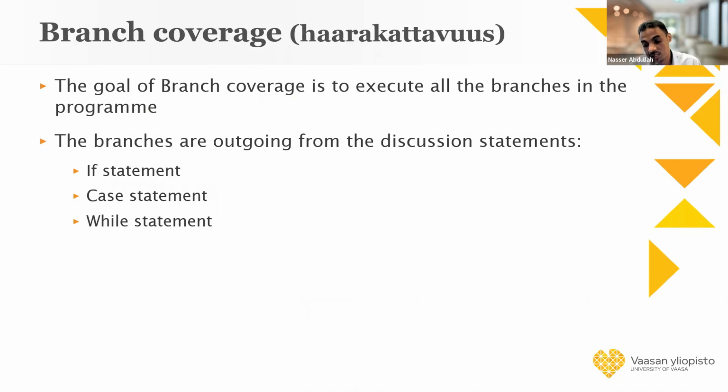As we see, branch coverage should execute all the branches. When we talk about branch coverage, we try to find the test cases that execute all the branches. The branch here should be the if statement. So we have two branches in the if statement, the case statement or switch statement.